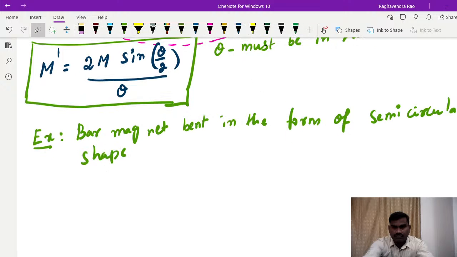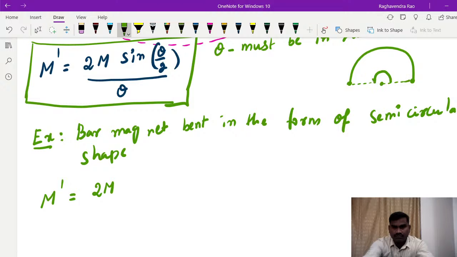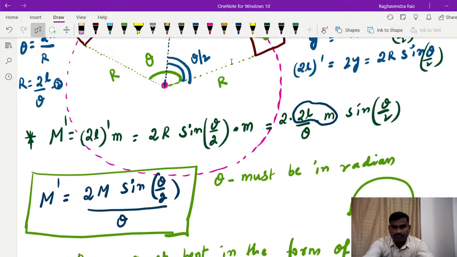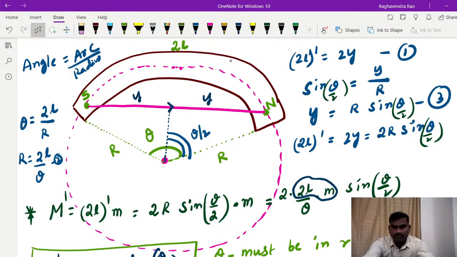Then what is the magnetic moment? m dash is equal to 2m sin theta by 2 by theta. Why are we taking the center? While calculating, theta is the angle subtended by the ends of the bar magnet at its center. Theta is the angle made by the ends of a bar magnet at the center of the circle.